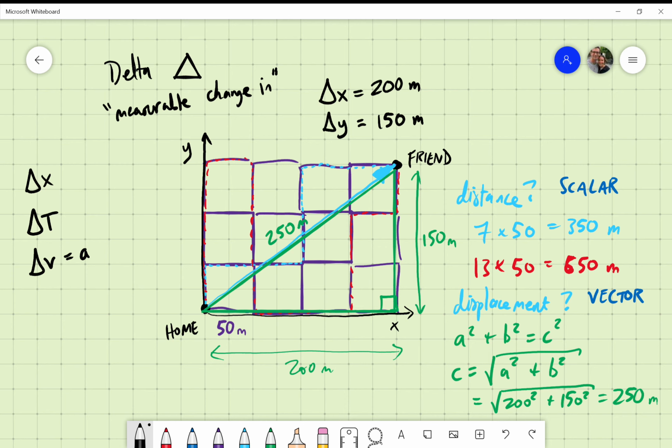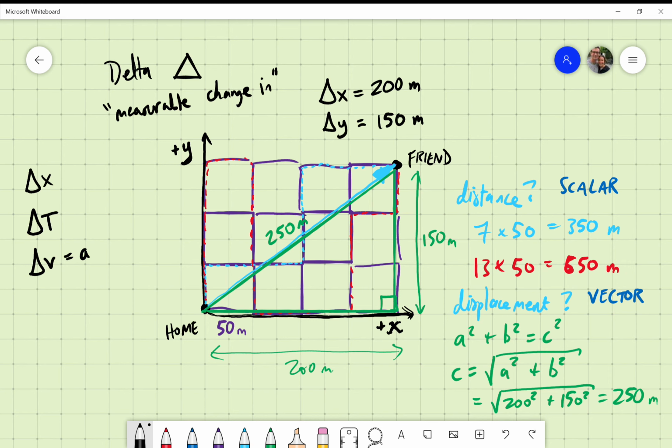As soon as you have labeled this whole x and y coordinate system, you've just assigned direction to things. I didn't really say it explicitly, but this is the positive x direction. This is the positive y direction.